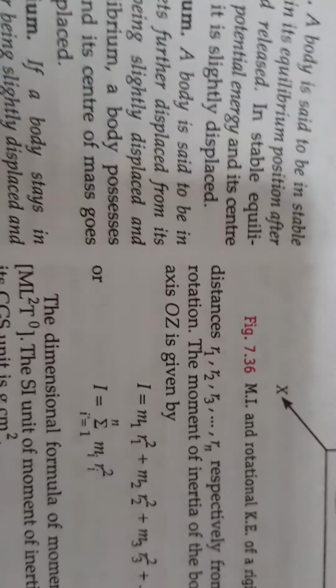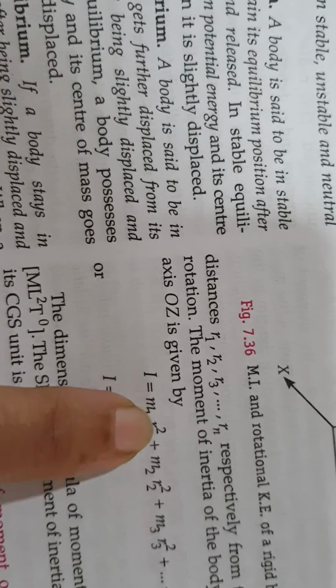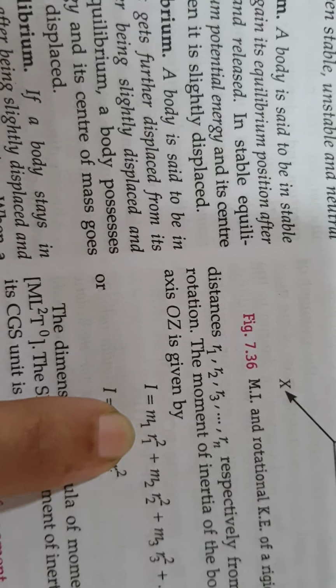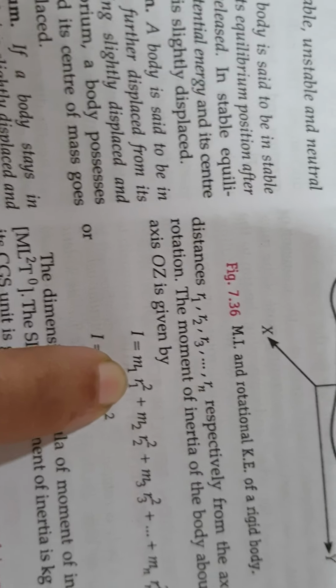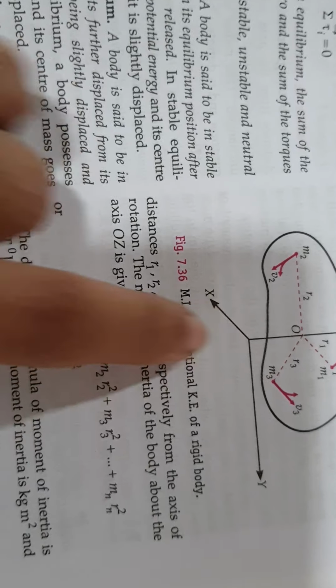Why am I writing sum of product? Because it is the sum of the product of what two things? Mass and r square, that is the square of the perpendicular distance from the axis of rotation.